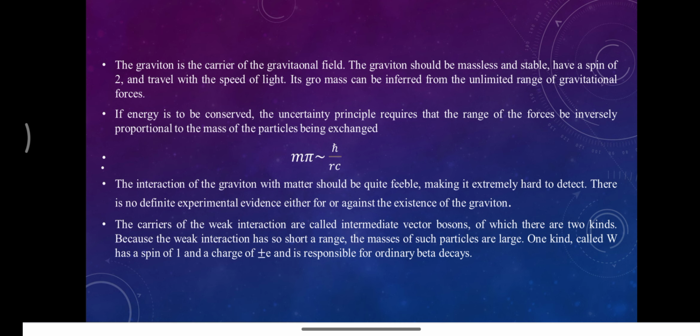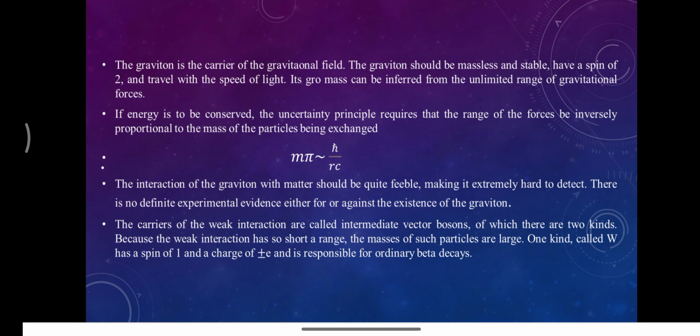One kind, called W, has a spin of 1 and a charge of plus or minus e, and is responsible for ordinary beta decay. Its mass is 85 times the proton mass, so it is very much heavier than a proton.